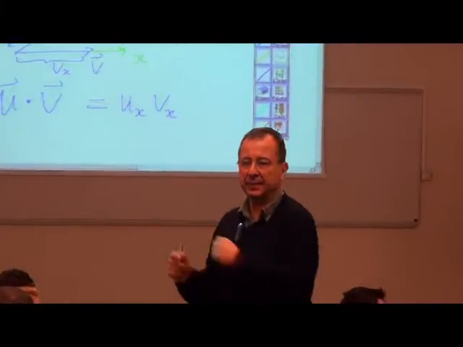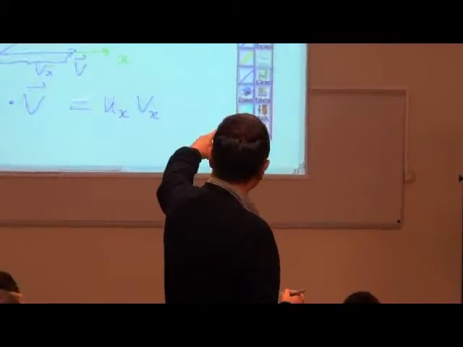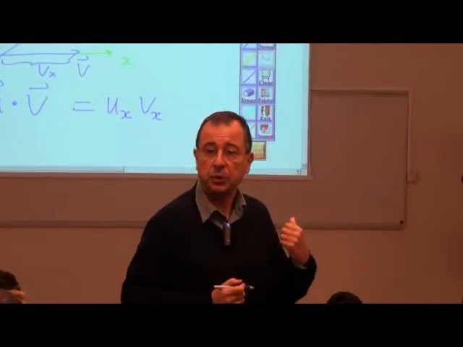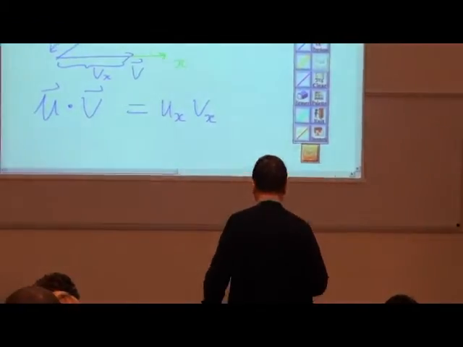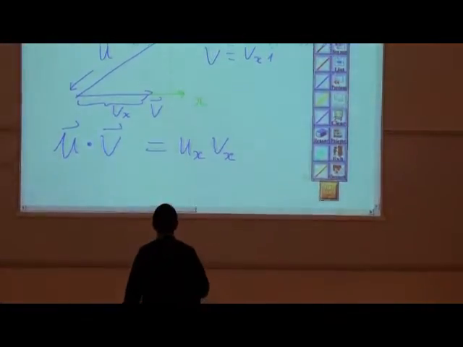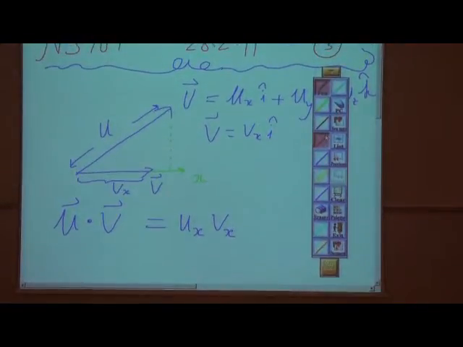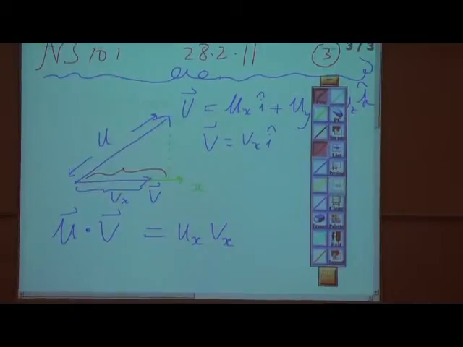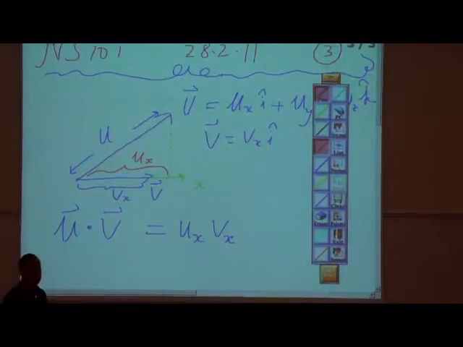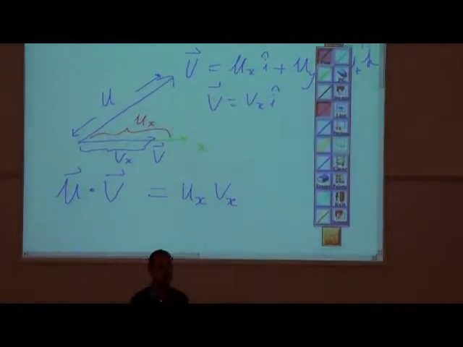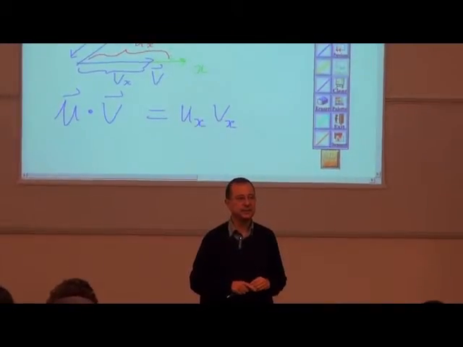So I indicated there in green, that's the x-axis, okay? My u vector is not along the x-axis. Now let me show on the picture, what is ux? The x component of u, ux, is the line I indicated in red. Is this clear to everyone?